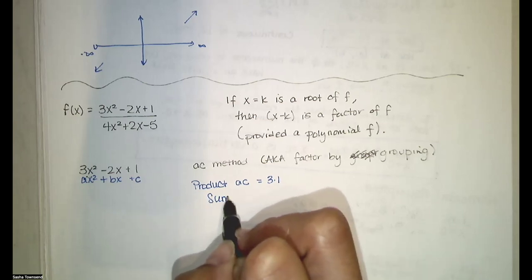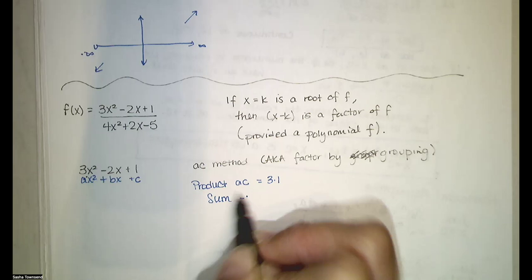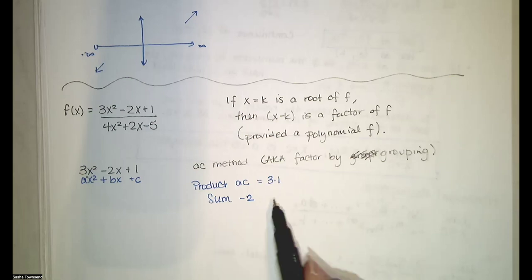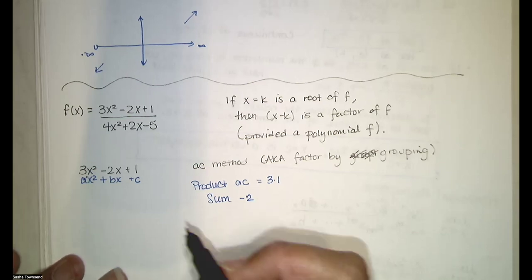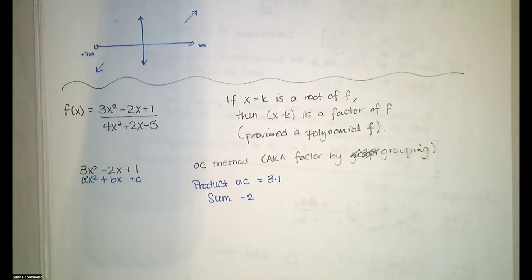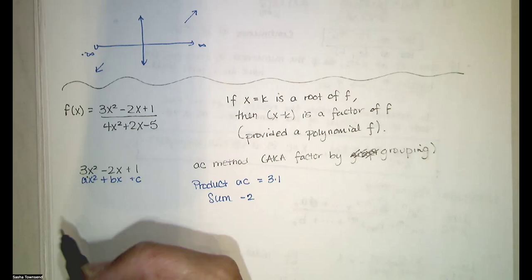We want a sum of that middle coefficient, -2. Now, are there any two numbers that give us a product of 3 and a sum of -2? They don't. We can't find any values that do that. So you might say this can't be factorable. Say, well, if it is factorable, how would I find the roots? Maybe the factors are just irrational numbers.